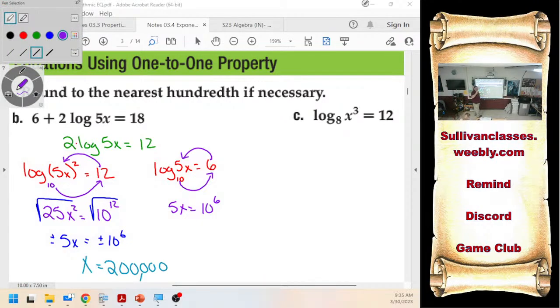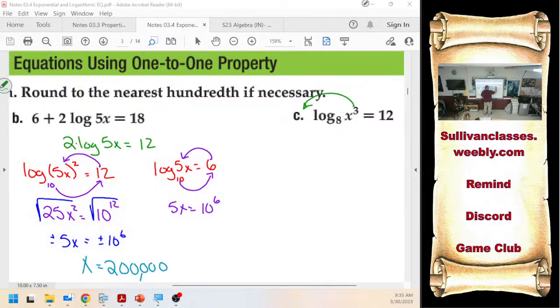Instead of going 8 to the 12th and then doing the cube root of that, I'm going to bring this out front, divide both sides by 3, getting log base 8 of x is 4. Instead of dealing with 8 to the 12th and having to cube root that, I'm just going to bring my 3 down as a coefficient and divide by it.